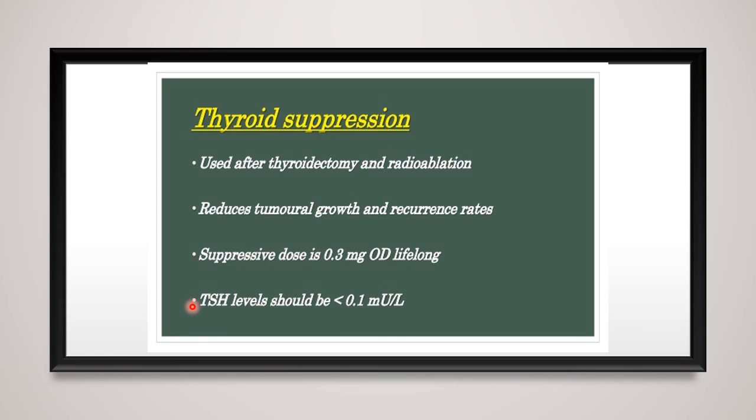In monitoring these patients, it's very important to monitor the TSH levels. These TSH levels must be kept less than 0.1 microunits per liter. Okay, so as long as the TSH level is less than this value, then there's adequate suppression of TSH for long-term suppression or prevention of recurrences.